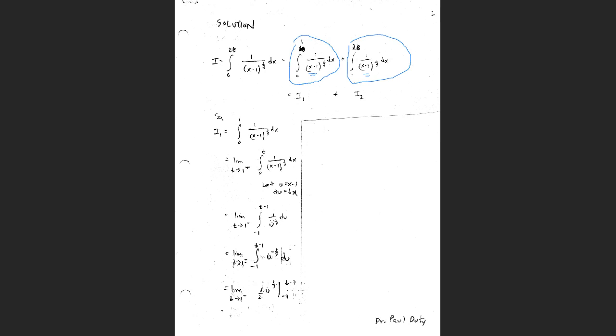And in both integrals, we have the number 1 as a limit. So we've got to compute two type 2 improper integrals here. So I always set my integral equal to I, and I'm going to compute integrals I1 and I2. So here's integral I1.